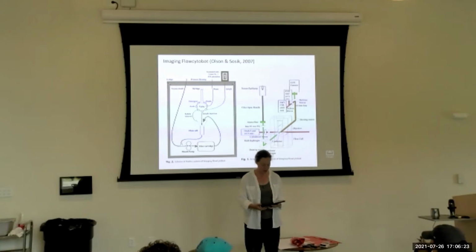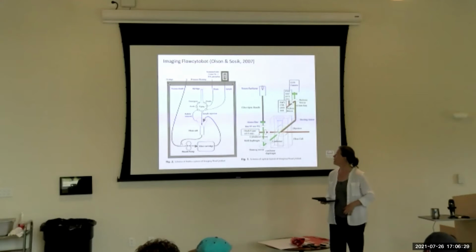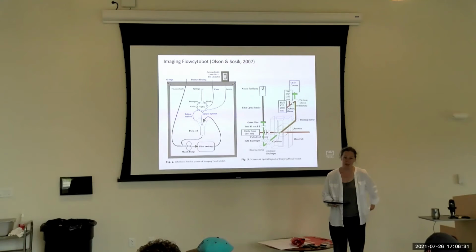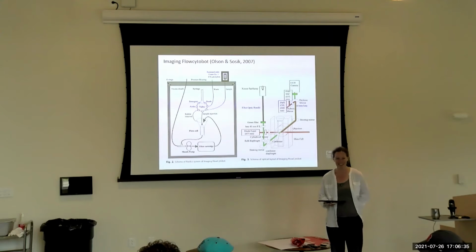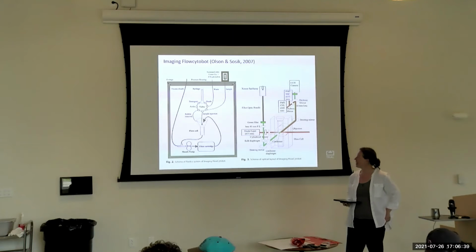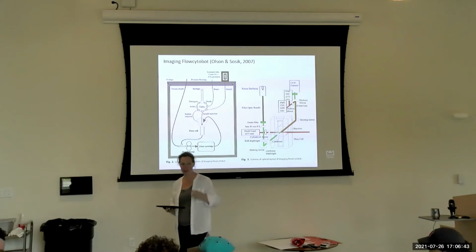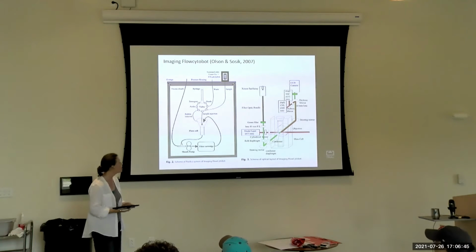So the first system that I put on my list of slides to go through is the Imaging FlowCytobot, the IFCB, which I'm starting off with in part because you have already gotten into exhaustive close detail with some of the data from the one that's out here on the dock at Harpswell Sound.